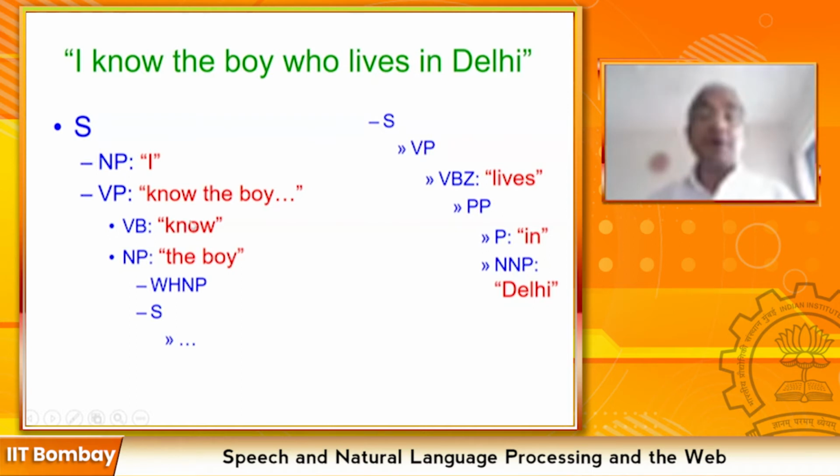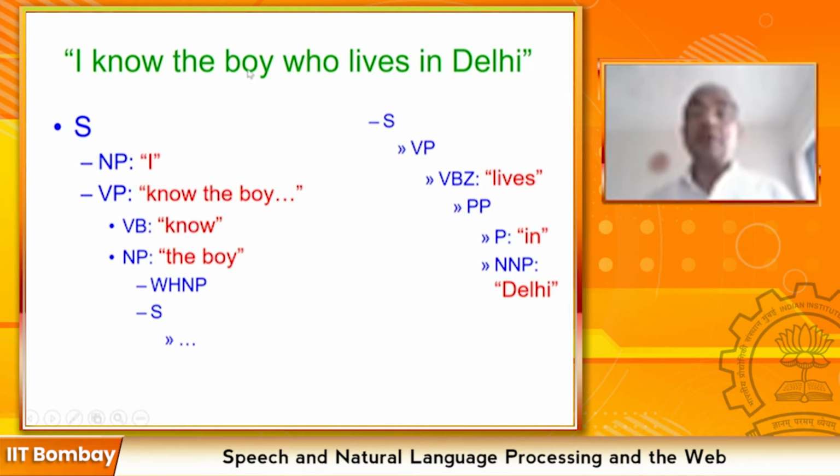But still look at the structure. I know the boy who lives in Delhi. So this is I, NP, and the whole thing, know the boy who lives in Delhi, is a verb phrase. That verb phrase consists of a verb know and a noun phrase, the boy who lives in Delhi. So that's a complete complex noun phrase which has its own internal structure.